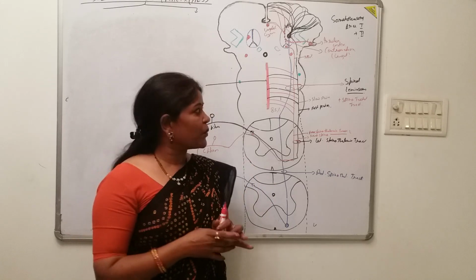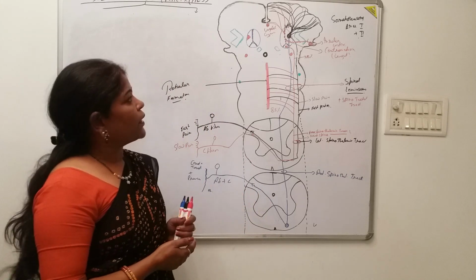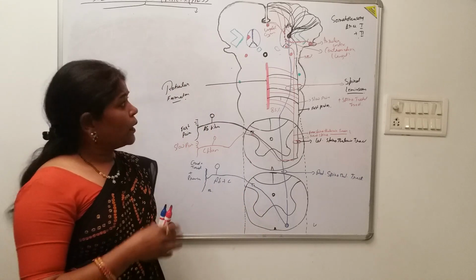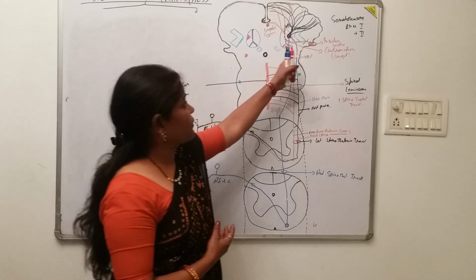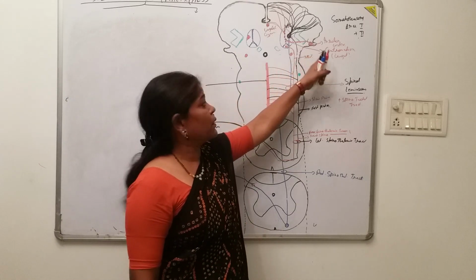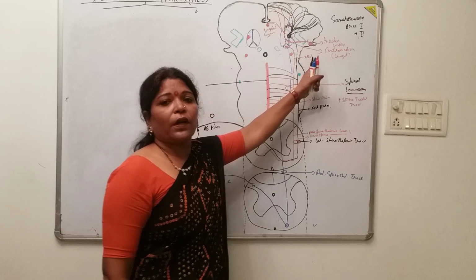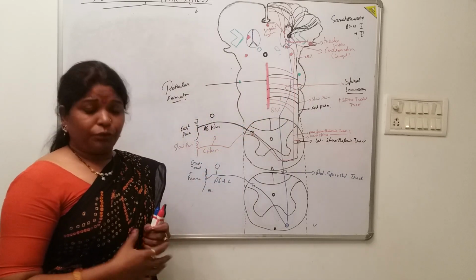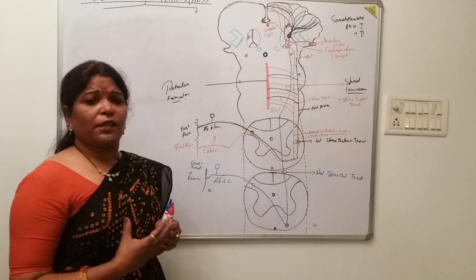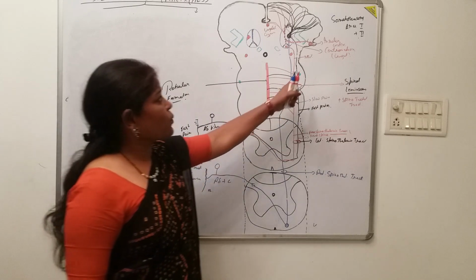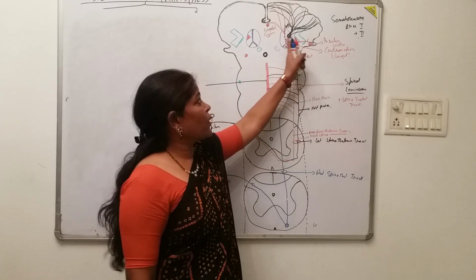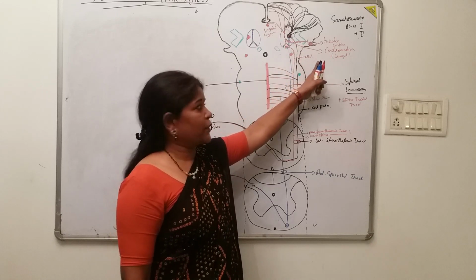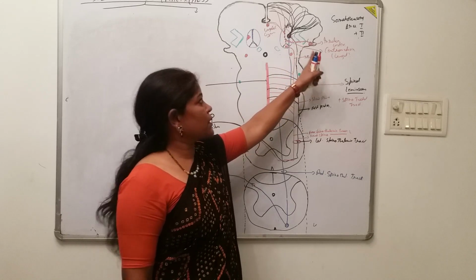What do the areas present here do? They give the autonomic response to the pain sensation. That's why the slow pain fibers also terminate in the insula, for getting, sometimes, the nauseating tendency, the belching, like that. The insular cortex is responsible for that, because the pain fibers are also connected with the insular cortex.